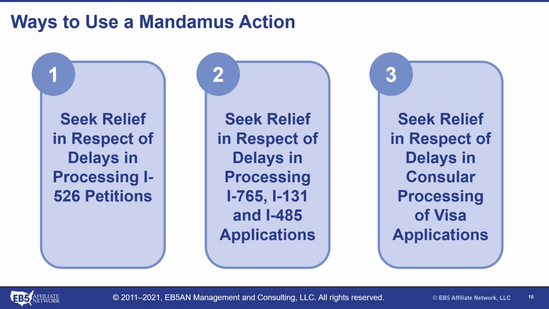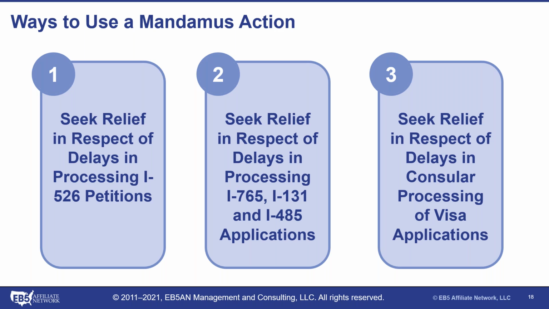So the process really is aimed at getting the government's attention. The government will tell us, we are not going to take your petition out of the queue, but funnily enough, we get attention and we get adjudication. So it's working. And that's what we've been doing with the 526s.